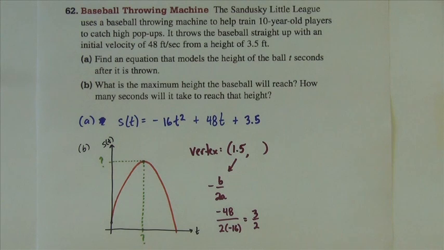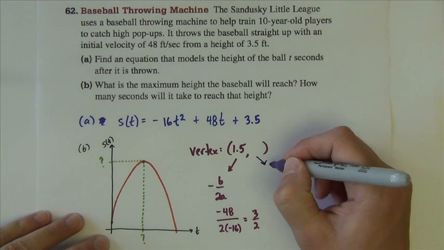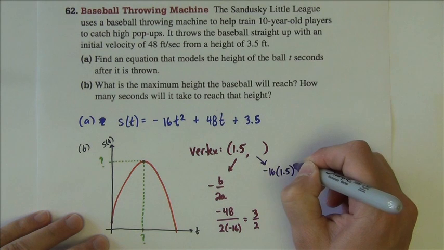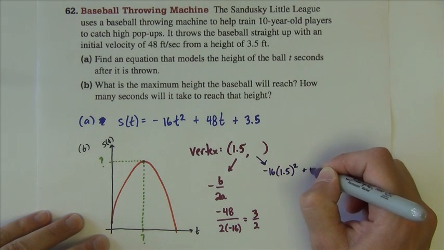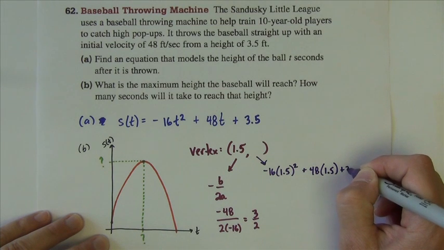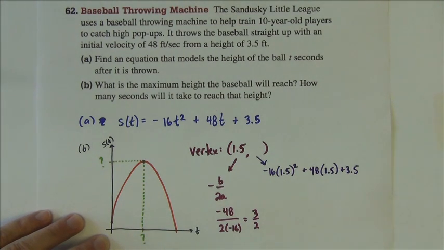Now, what is the maximum height? So how do we find that value? Well, we take that 1.5 and we simply just put it in for the t. Okay, and we work that out. I'm going to just work this out on the calculator off screen.